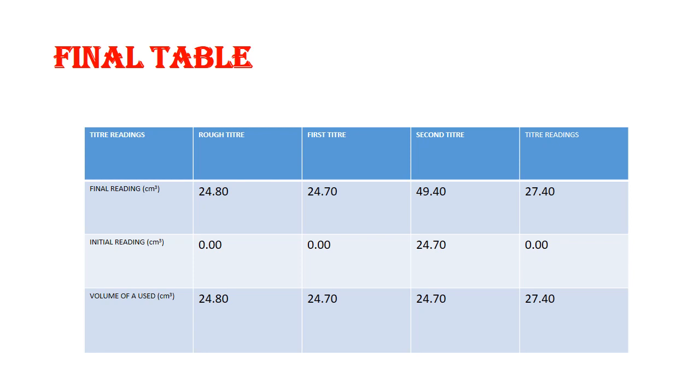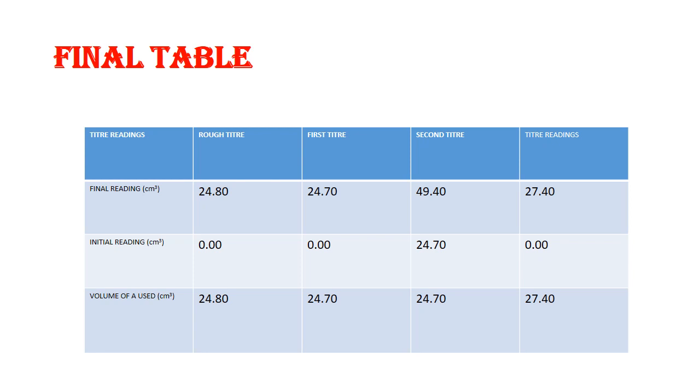Now this is the final table. Okay, 27.40 minus 0 for the third Titer, we have 27.40. So if you label your table like this, you will find out that your first Titer plus your second Titer plus your third Titer divided by 3 will give us your volume of A used.